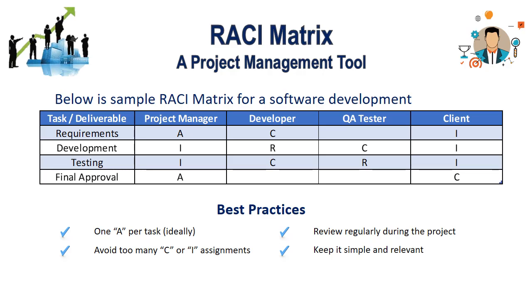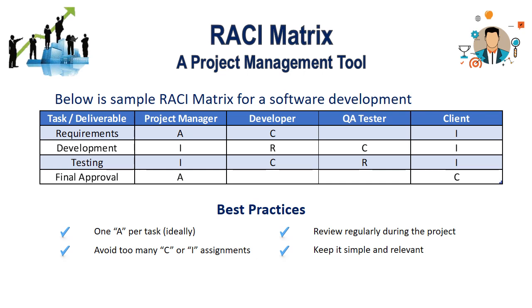Then we come to the second stage, that is the development stage. Now here, when we come to the development stage, the developer will be the responsible person to develop that software to fulfill the requirements.